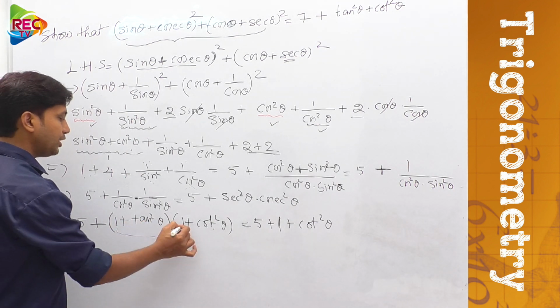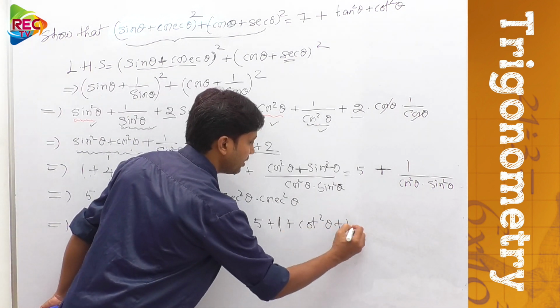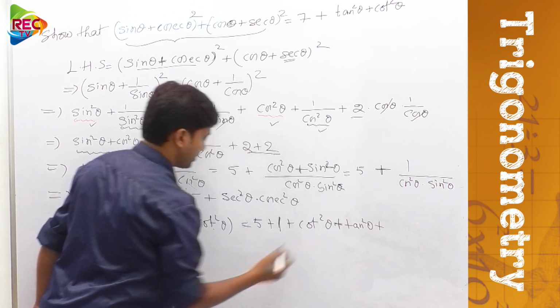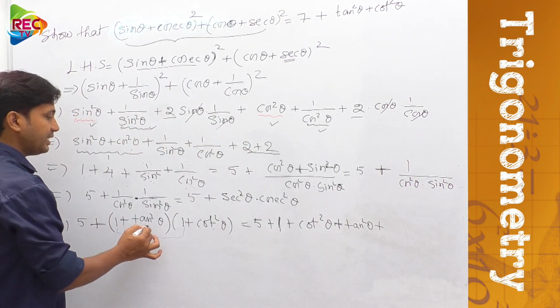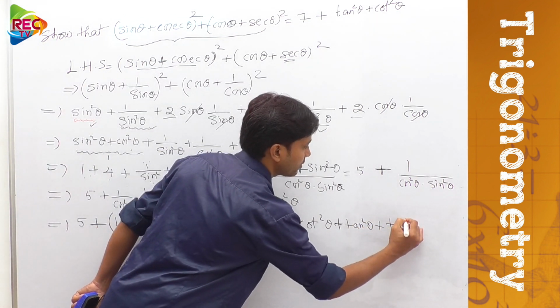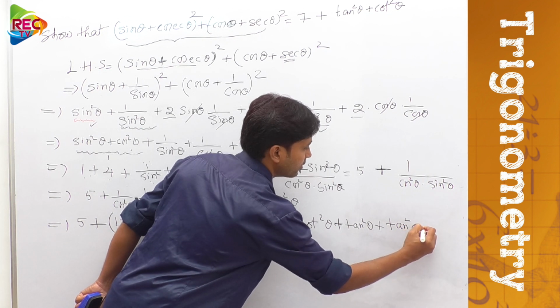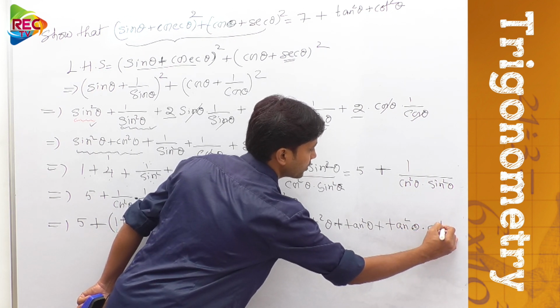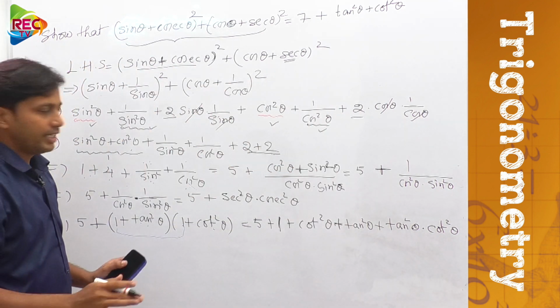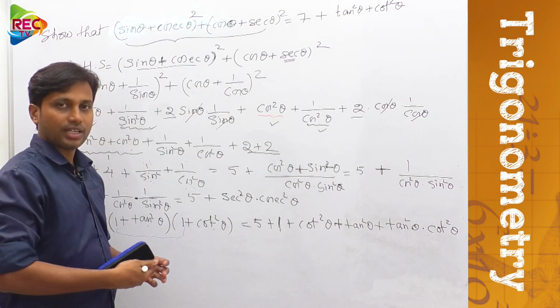Now tan square theta into 1, that would be tan square theta, plus. Now finally tan square theta into cot square theta. Is it correct or not? It's nothing clumsy here, just you can observe.